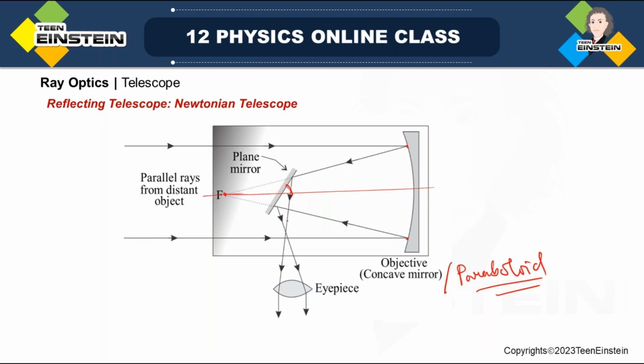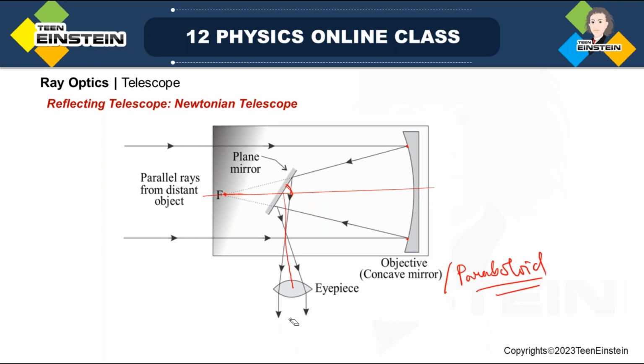Before the focal point, these rays were reflected by this plane mirror, and an eyepiece, this is a lens of small aperture, was placed at exactly 90 degrees to this principal axis, so that the reflected rays from the plane mirror will come and enter over here, and the final image will be seen by the observer through this eyepiece, okay.